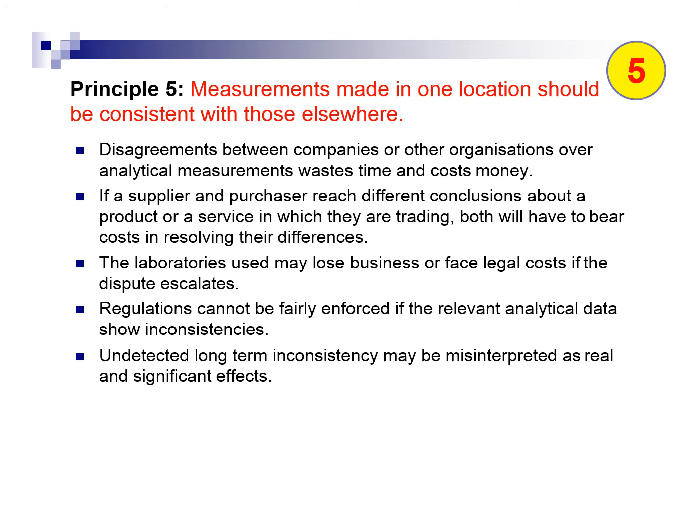If the supplier and purchaser reach different conclusions about a product or service in which they are trading, both will have to bear the cost of resolving their differences. Therefore, the regulation cannot be fairly enforced if the relevant analytical data shows inconsistency. Thus, undetected long-term inconsistency may be misinterpreted as a real and significant effect.